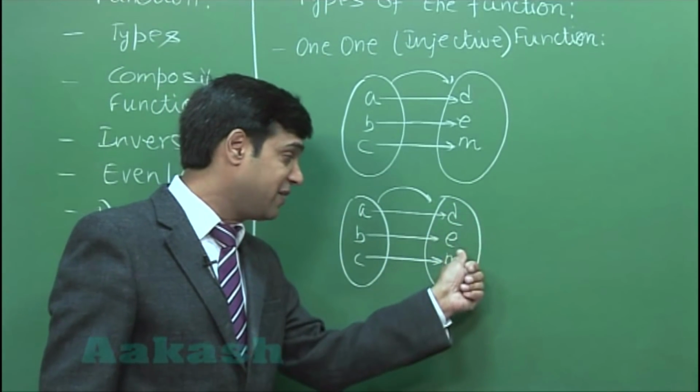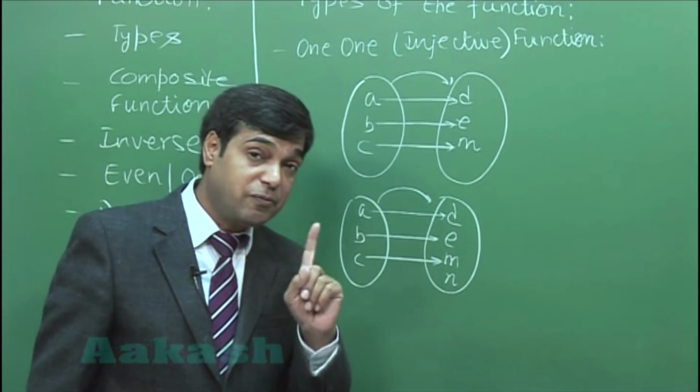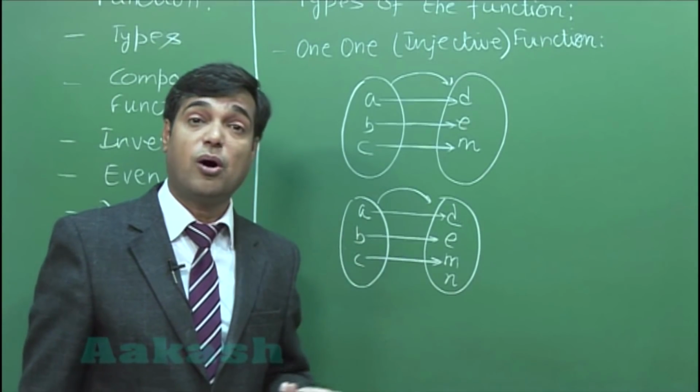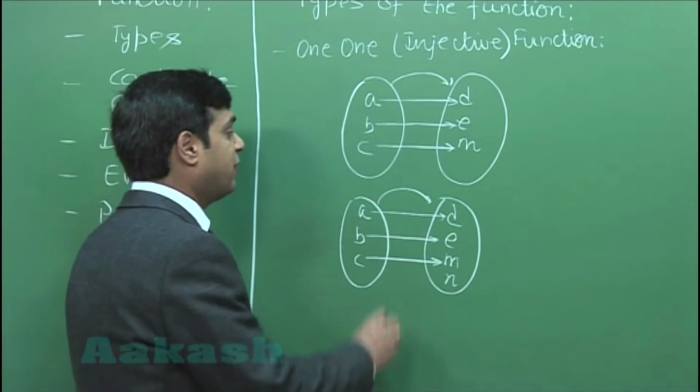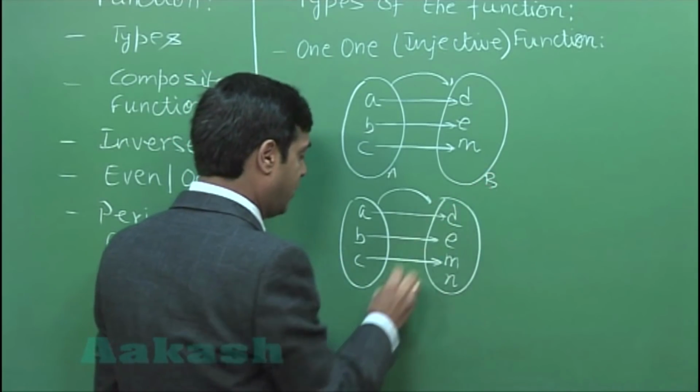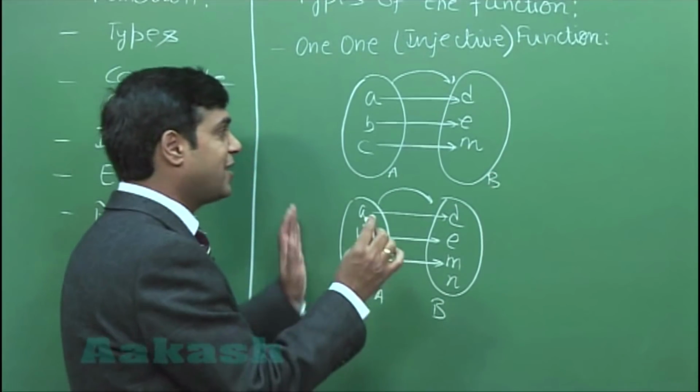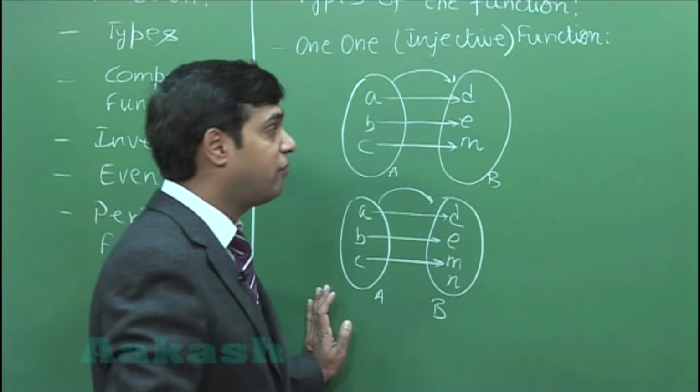But every element which has a pre-image has just one pre-image. It is not 2 or more than 2. So again this will be a one one function. So these are the two types we can describe for one one.